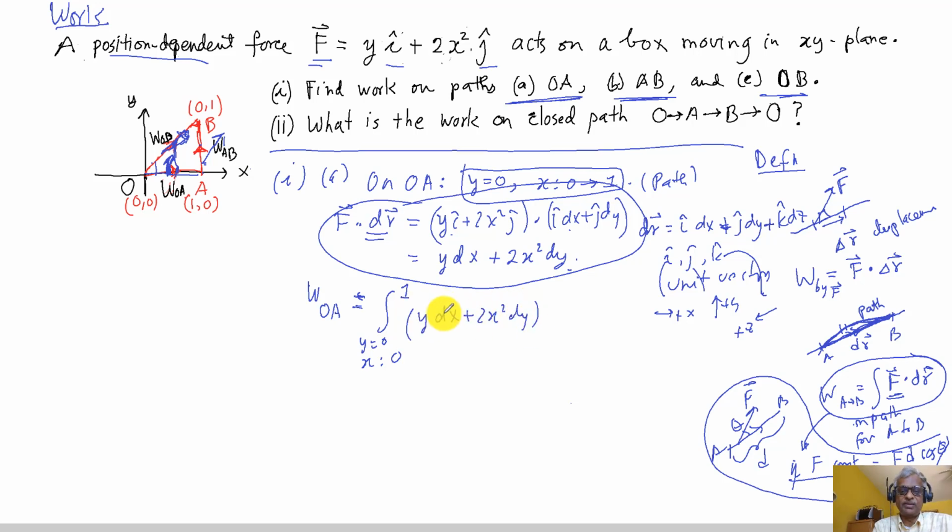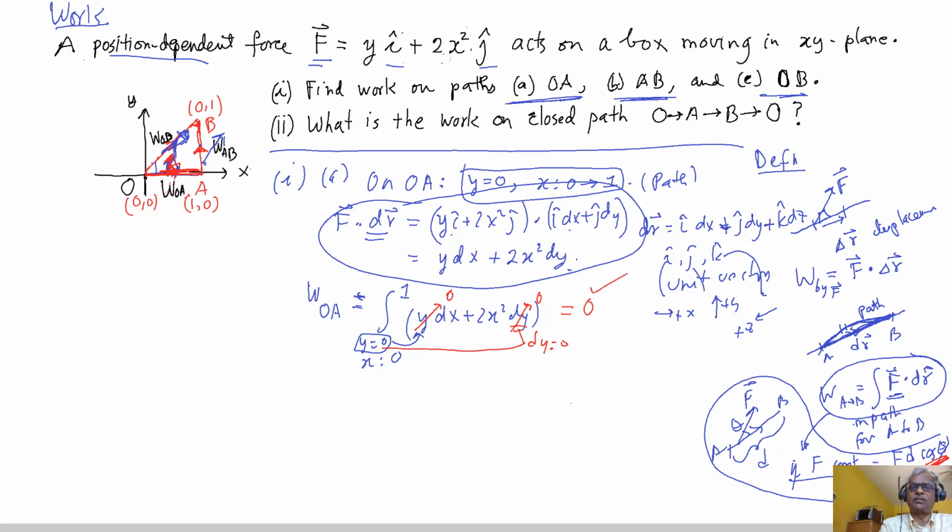You can see when y is 0, this goes away, so this makes it 0, and here y is fixed, which means dy is 0, so this is simply 0. And you can tell from here, on this path you're going this way, but the force is pointed 90 degrees. Cosine 90 degrees is 0, so this is consistent and correct.